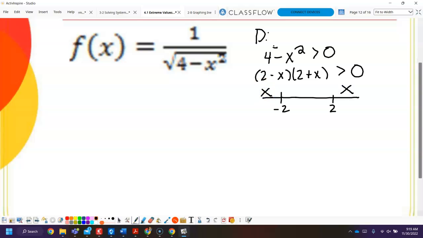Negative 3 is going to be the same. 0 does work. So what that means is that this function or graph exists between negative 2 and 2. My domain lives inside this. If the x squared and the 4 were flip-flopped, it would have lived outside.